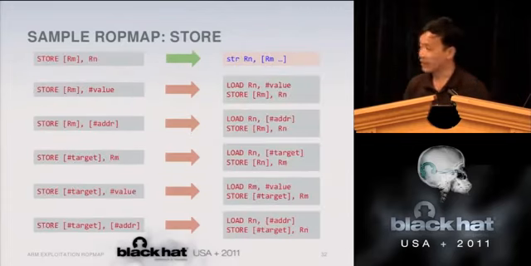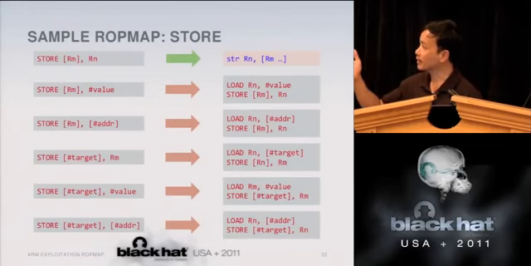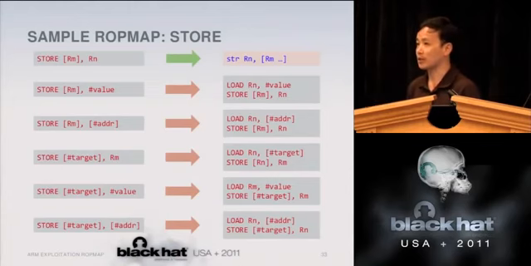For example, the store instruction is just a super instruction, so we will only have one ROP map for the store instruction, to store a register to memory referenced by a register.